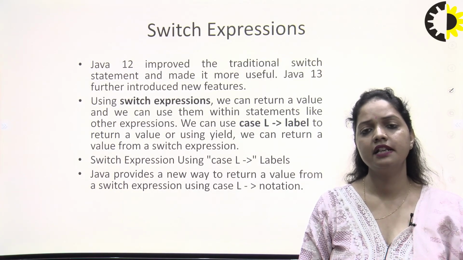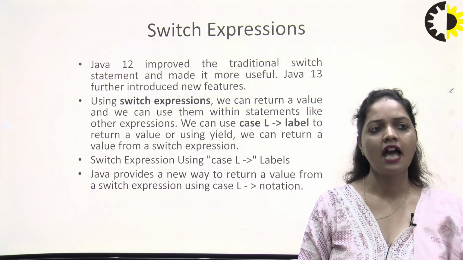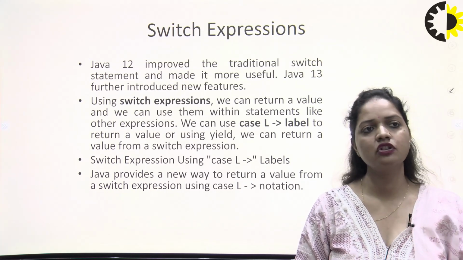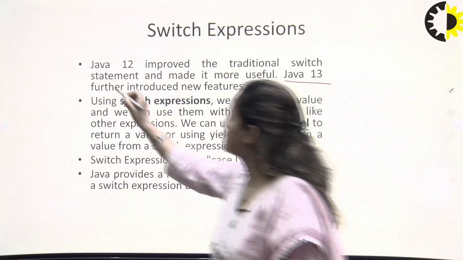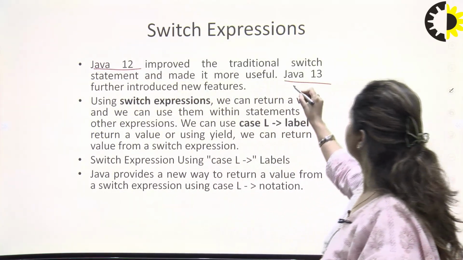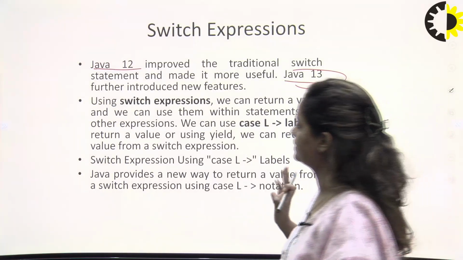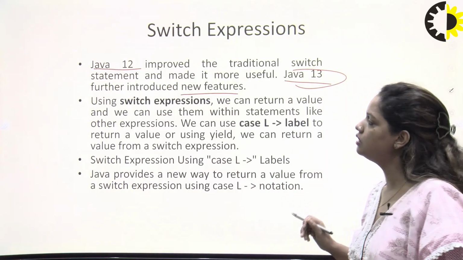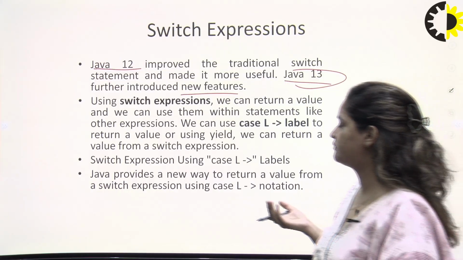Before understanding that concept, let us consider the different scenarios supported by this switch expression. This version of switch expression is supported from Java 12 and the latest versions, from Java 13 onwards. It is part of the new features introduced in Java. Now, how is it different from the primitive switch?